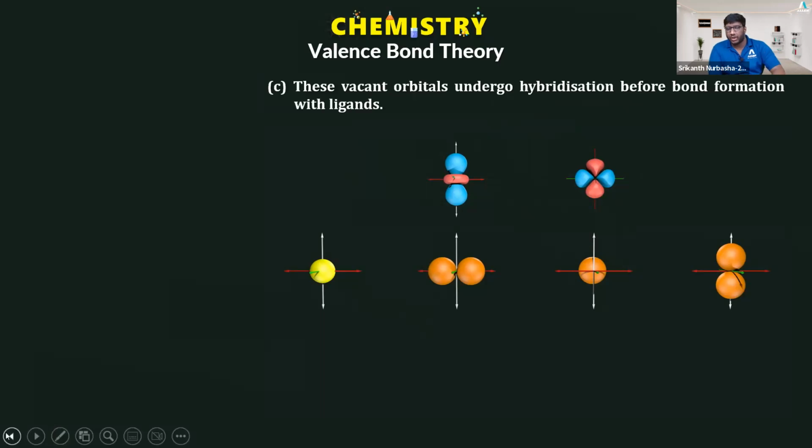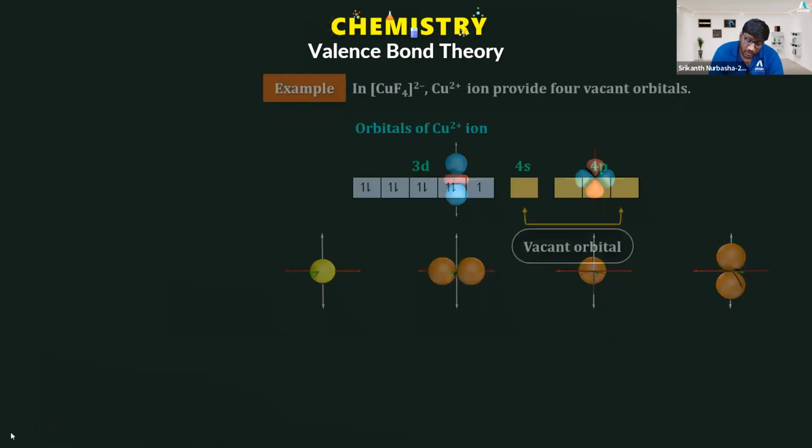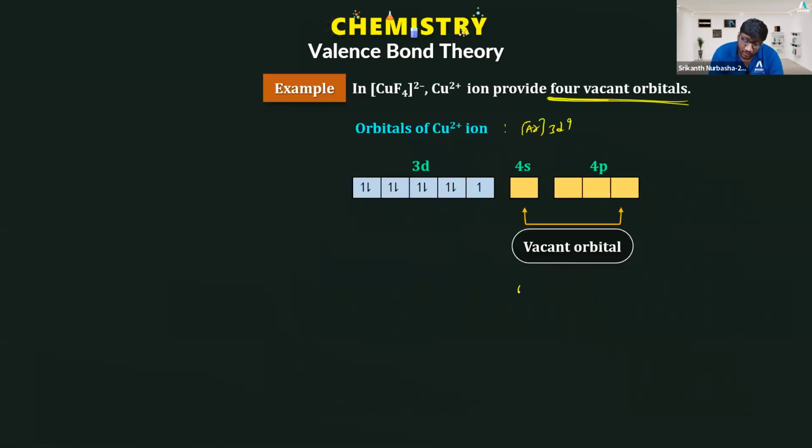So whatever I have told you up to now, like FeCl6 3 minus, CuF42 minus, in these complexes we have just looked at what are the available vacant orbitals. These vacant orbitals undergo hybridization before bond formation with ligands. That is the point. So these are the vacant orbitals, right? We cannot directly say F minus gives electrons to s. What we have to say instead is the 4s and 3, 4p, they will intermix to form 4 sp3 hybrid orbitals.